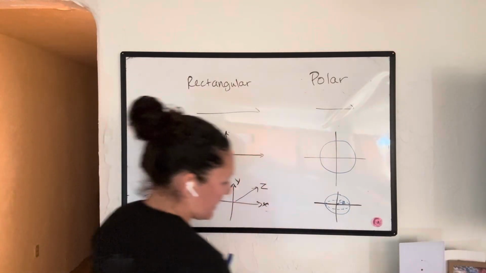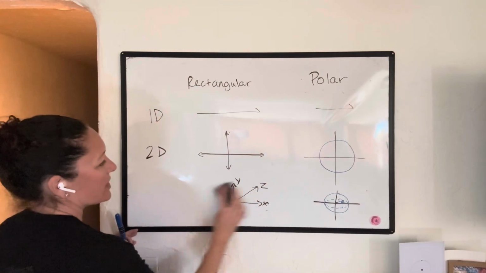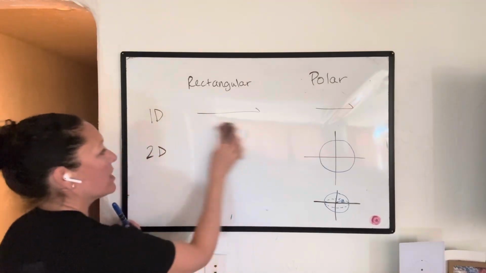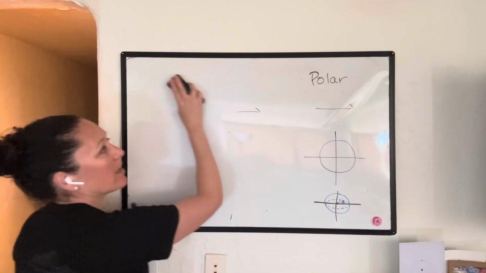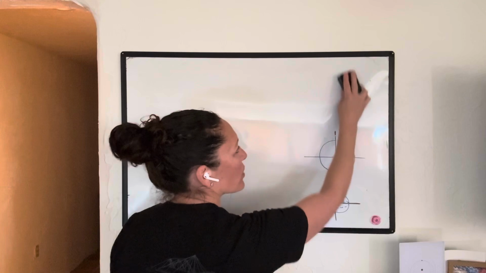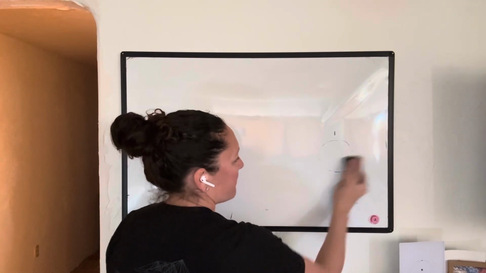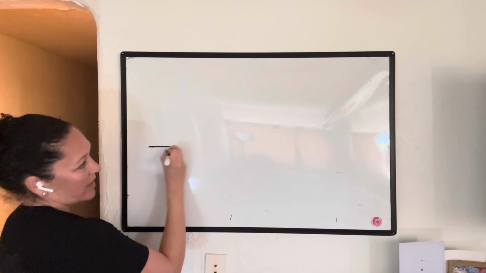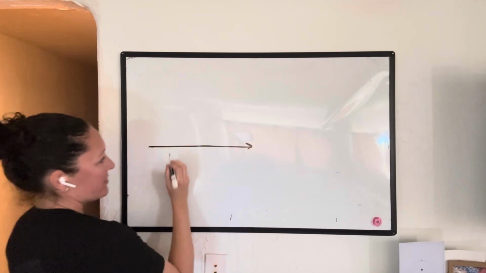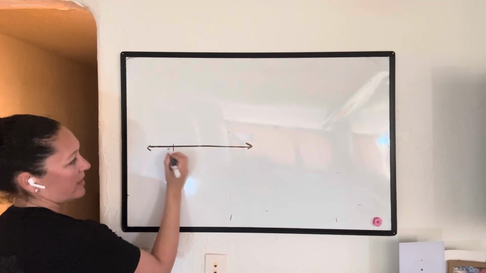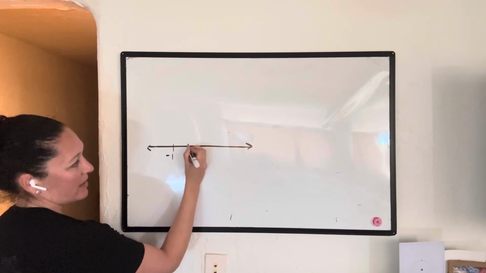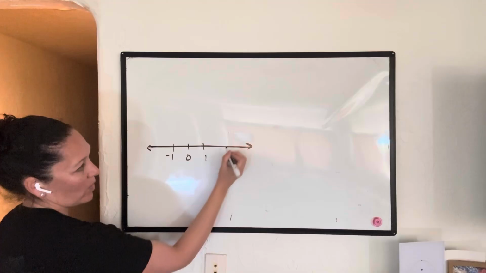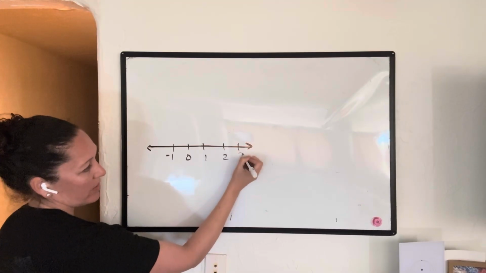The next thing is to talk about, let's go back to this first dimension, back to the first few weeks that you were in Math Map. Do you remember when you were in Math Map how we would label something on a number line? So I might have -1, 0, 1, 2, 3.